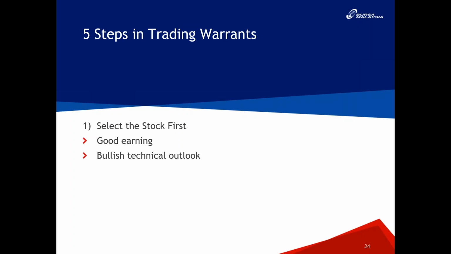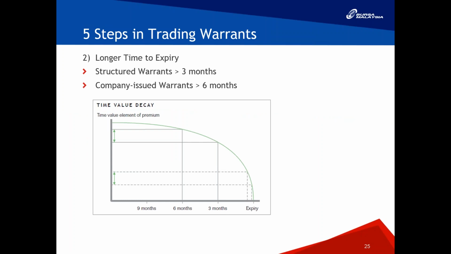So select the stock first, and then you do the next 4 steps, and all these have to do with the warrants. Assuming that you selected Hata and you look into the available call warrants for Hata, there may be 5 or 10 call warrants. Choose the warrants based on these 4 factors.